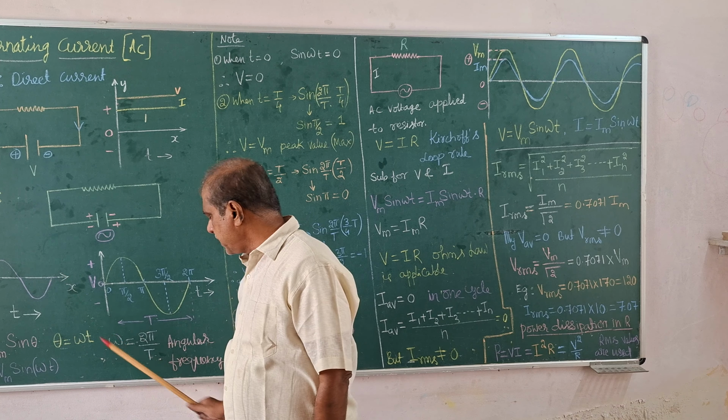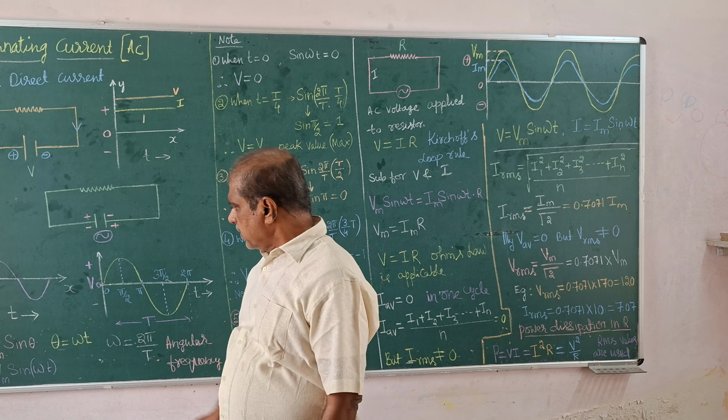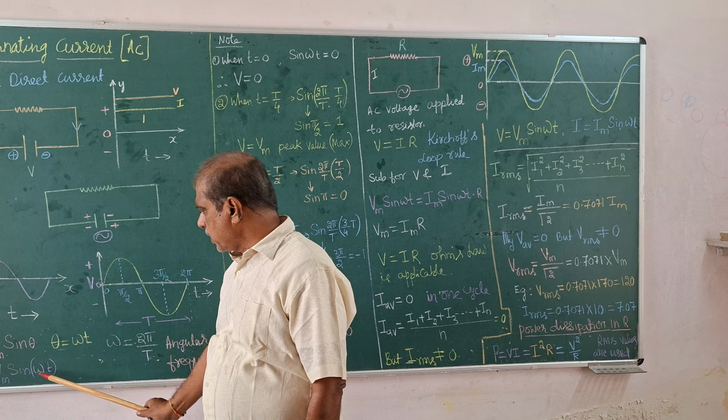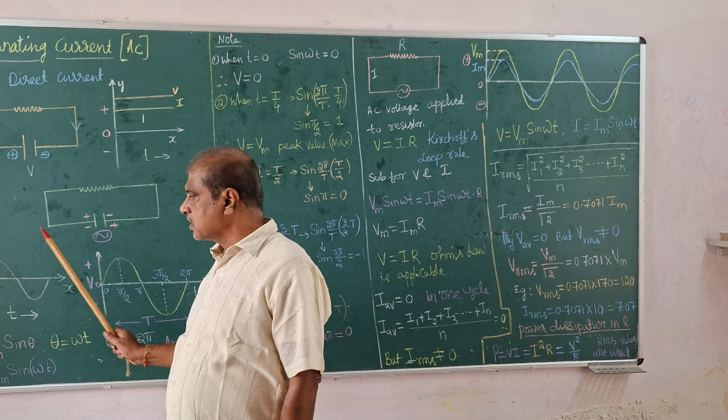So this length in terms of t is T, and this length in terms of radians is 2 pi. So omega equals 2 pi by T, the angular frequency. We can write V equals Vm sin omega t. t is variable, this is constant. Accordingly, V changes like this, a sinusoidal wave.